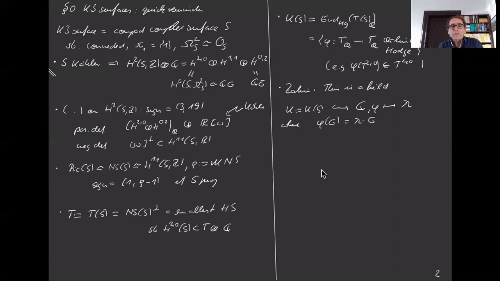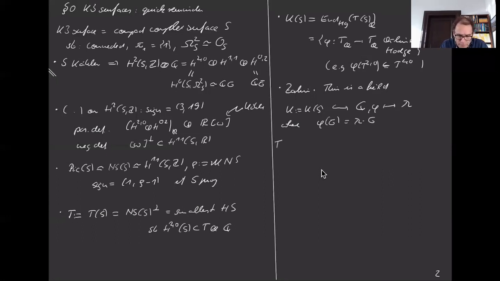Remember, sigma spans the 2,0 part. Phi of sigma for a Hodge endomorphism will be again a 2,0 class, so it will be a multiple of this sigma. So we write it as lambda times sigma, and this is the lambda. And this turns out to be an injection of the endomorphism ring, which thus becomes a field.